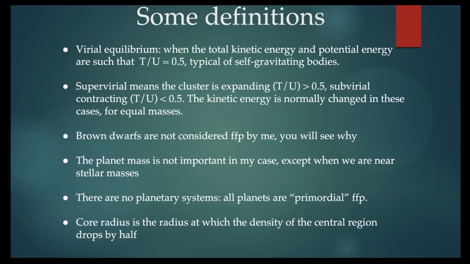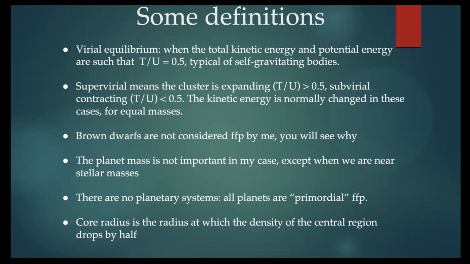That means that everything is in equilibrium. When I say supervirial and subvirial, I mean that the cluster is either expanding or contracting, respectively. Brown dwarfs, which we already know and love, will not be considered free-floating planets by me, and you will understand soon why.